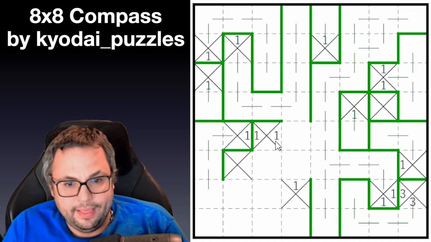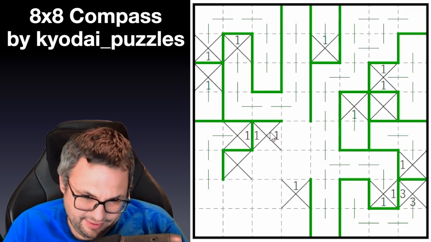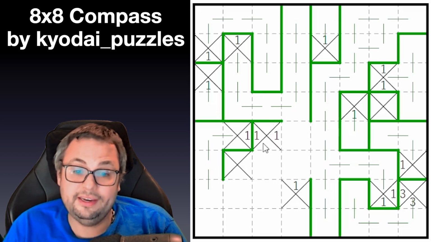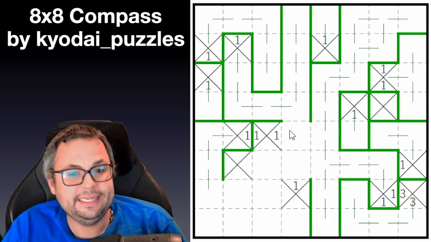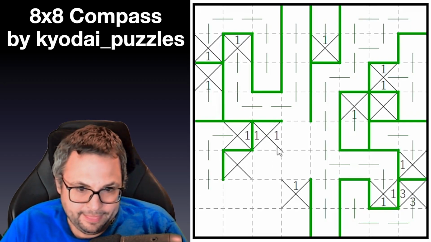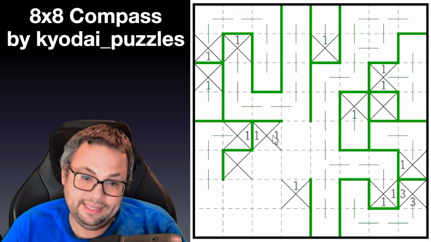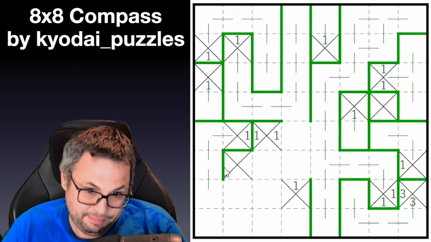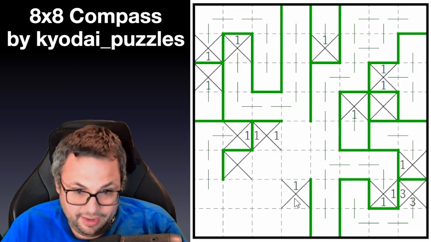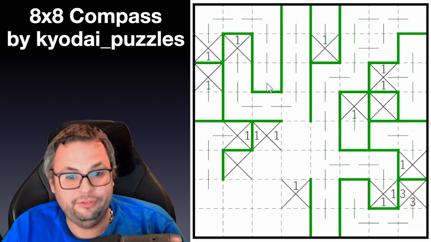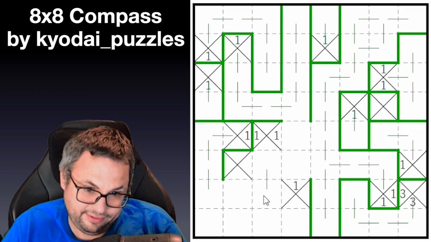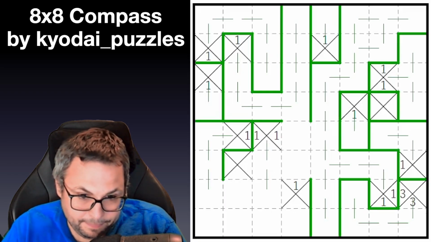Okay. This now needs to get to the bottom. Sorry, it doesn't need to get to the bottom row, but it needs to get to the left. And it can only get to the left through this corridor between these two compasses, because everywhere else to the left is blocked off. So this now has to take this corridor.